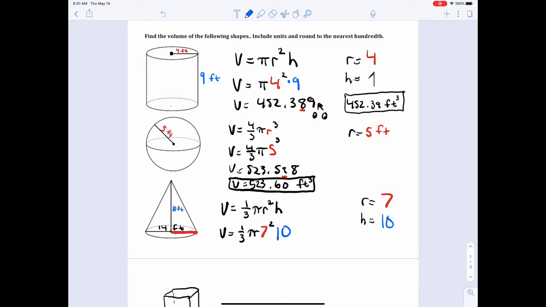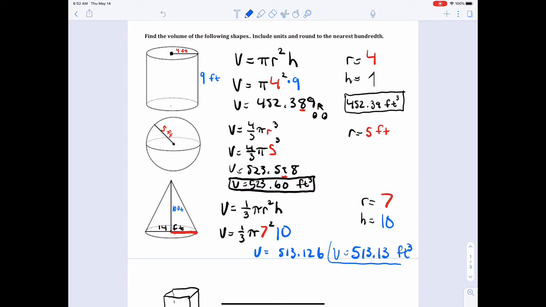Oops. 1/3 pi times 7 squared times 10, and you get 513. Volume equals 513.126. Wow, we have to round again. All three of these we just had to round. Feet cubed. So then that's the volume here.